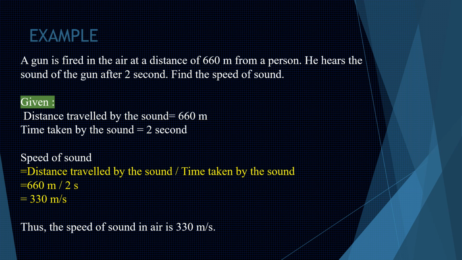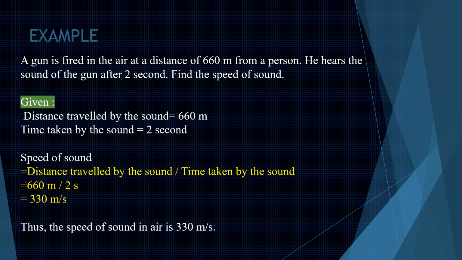Here you have an example to find out the speed of sound in air. A gun is fired in the air at a distance of 660 meter from a person. He hears the sound of the gun after 2 seconds. To find the speed of sound, we already saw the formula is distance traveled divided by time taken.